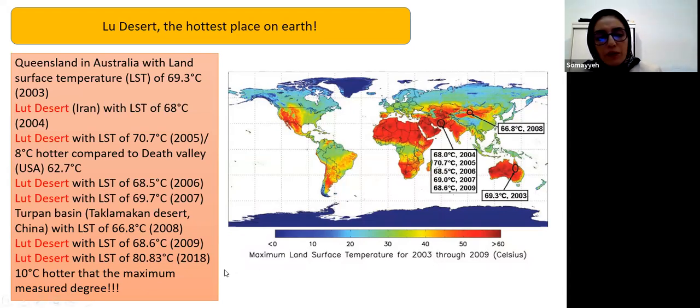That is, in 2018, it was recorded that the Lut Desert's LST was 80.83 degrees. It means 10 degrees centigrade hotter than the maximum previously measured.